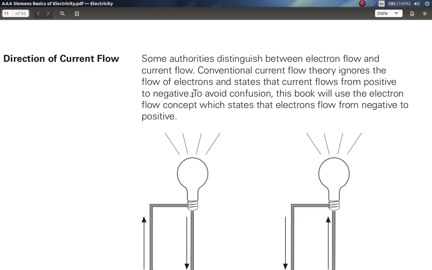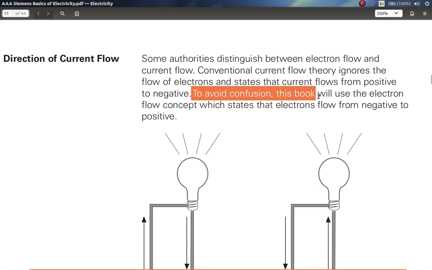The negative side repels them and they move away. The positive side attracts them and they move towards the positive. So electrons actually flow from negative to positive. But by convention, we say the current flows from positive to negative.